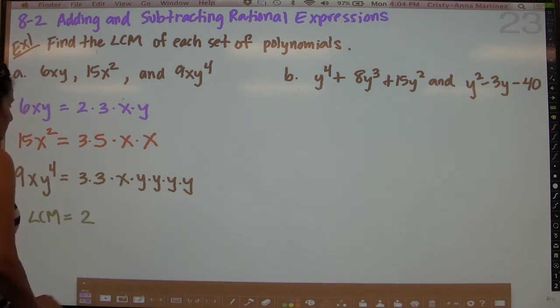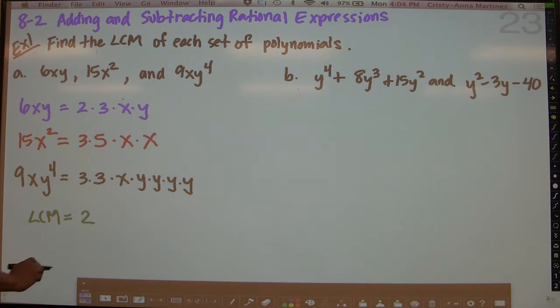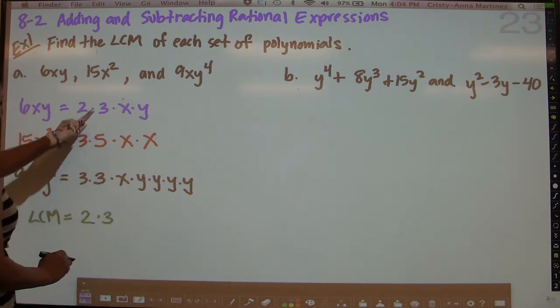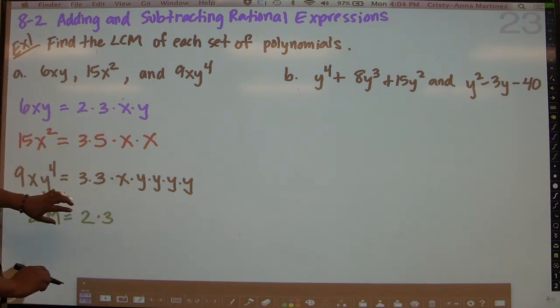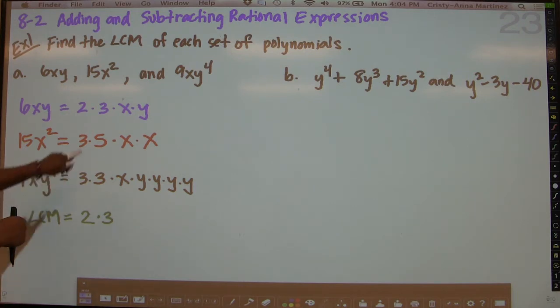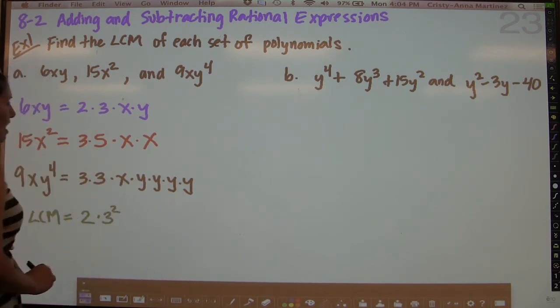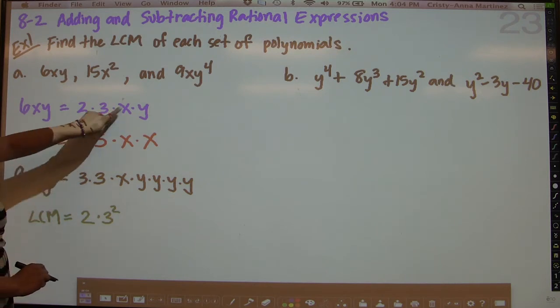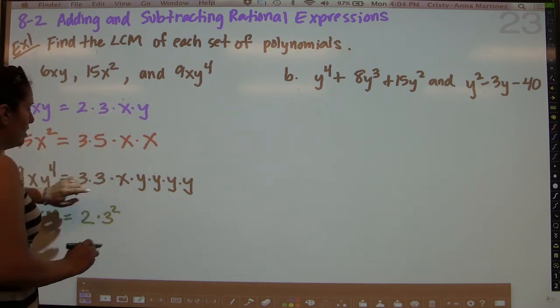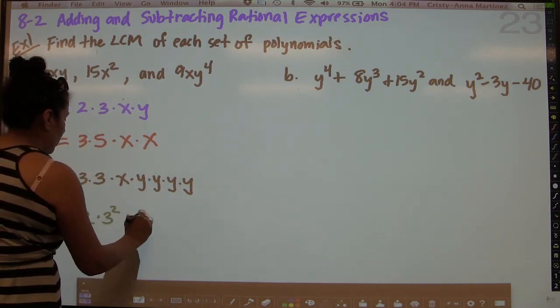So we have a 2. Then you have a 3 because there's a 3 here. But we also have to have the greatest number of times that it appears. So it only appears once here, but here it appears twice. So we need 3 squared. And then for the x, same thing. It appears once here, but twice here. So we need an x squared.